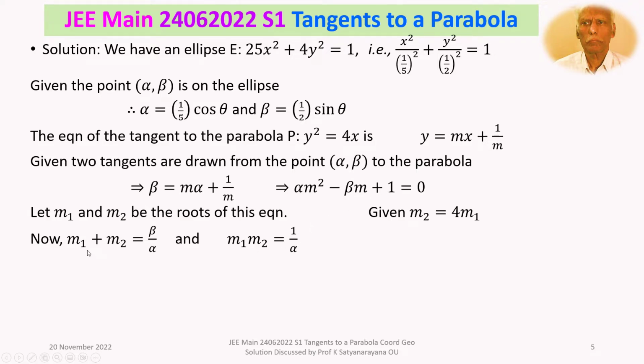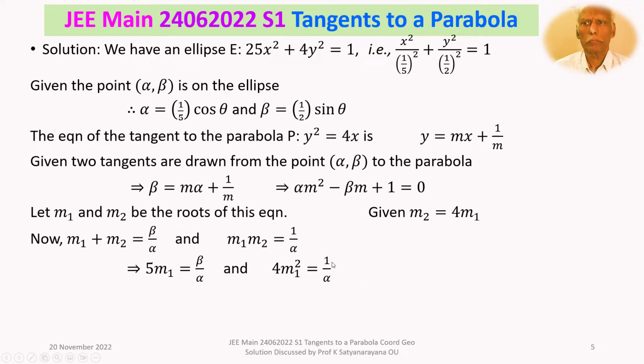So thus we got m1 plus m2 is beta by alpha, m1 m2 is 1 by alpha. Now we have m2 is equal to 4 m1, so m1 plus 4 m1, that is 5 m1, is equal to beta by alpha, and m1 into 4 m1, that is 4 m1 square, is equal to 1 by alpha.